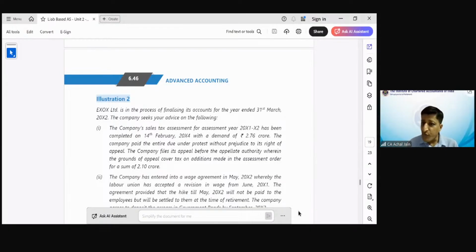Devu says it's a provision. So therefore, this will have to be recognized. Okay. What about this? Jendra says 0.66 crore is possible. Ishan says it's probable. It should be recognized. Harshda says entire amount is possible. Anil says probable.